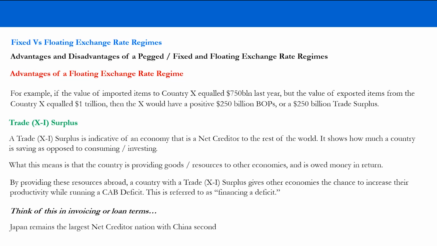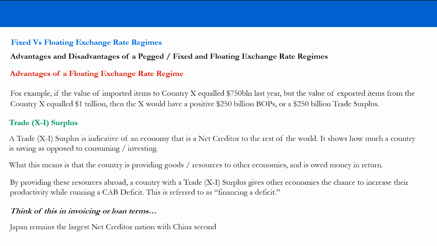And a trade surplus is indicative of an economy that's basically termed a net creditor to the rest of the world. It basically shows how much a country is saving as opposed to consuming or investing.